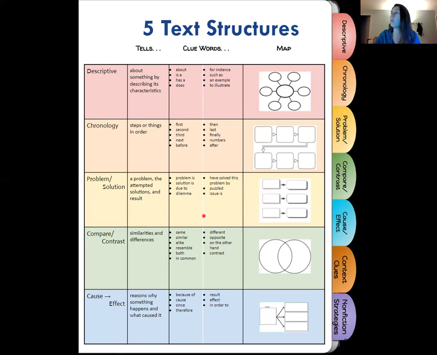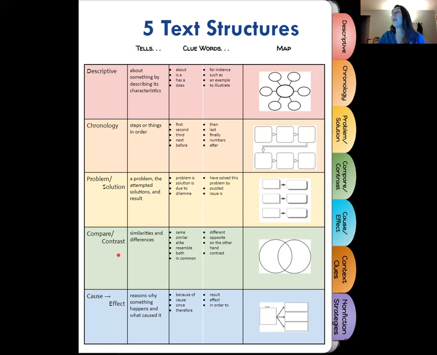Some keywords are a problem is, solution is, due to, dilemma, have solved this by, puzzled, or the issue. What we do is take whatever that problem is, and then draw an arrow to the solution or the attempted solution to that problem.